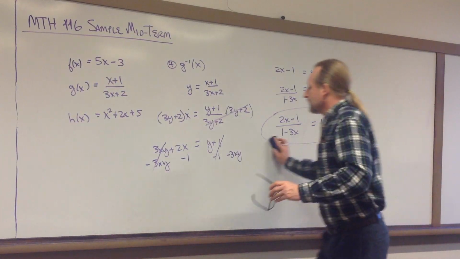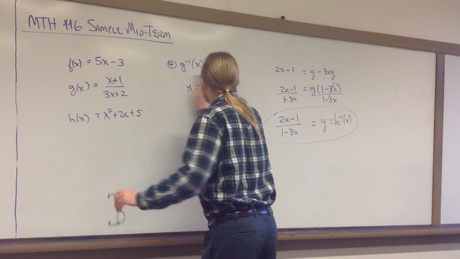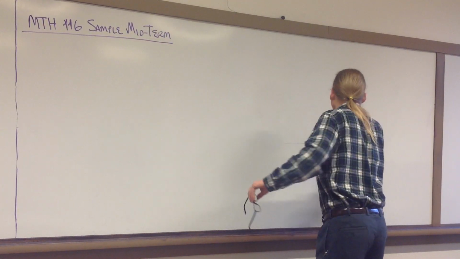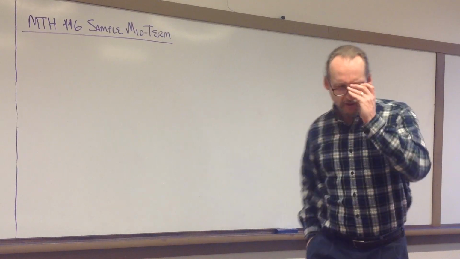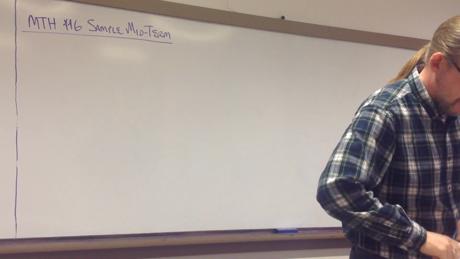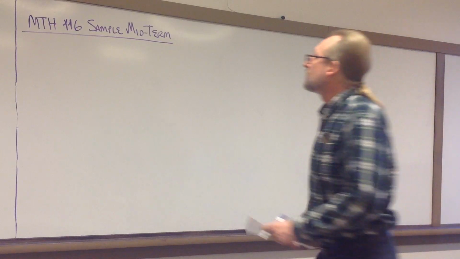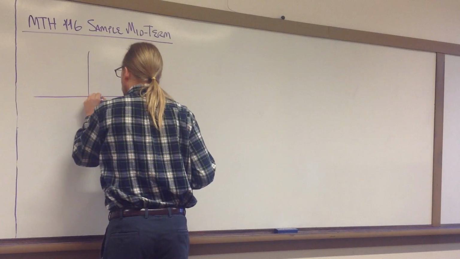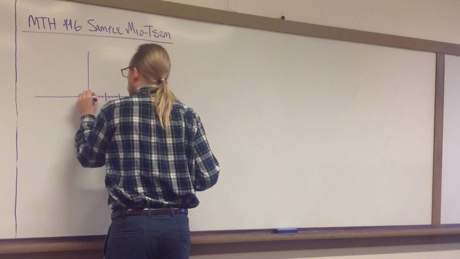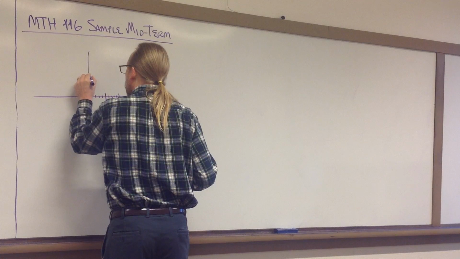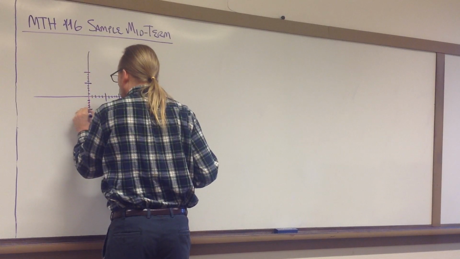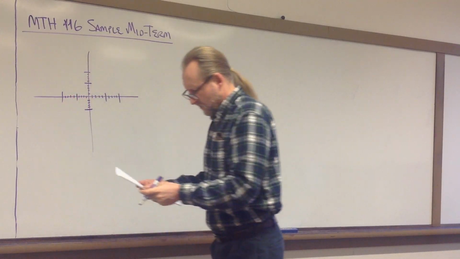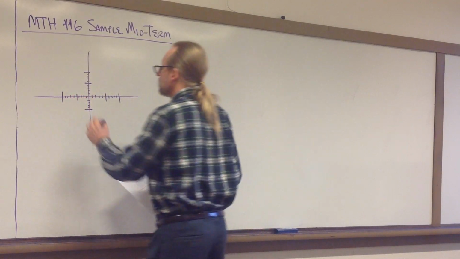Next is one of these function transformations, problem number 5. Let's see here. I'll do a little sketch of our original function here. Okay, so we start off -7, 5.